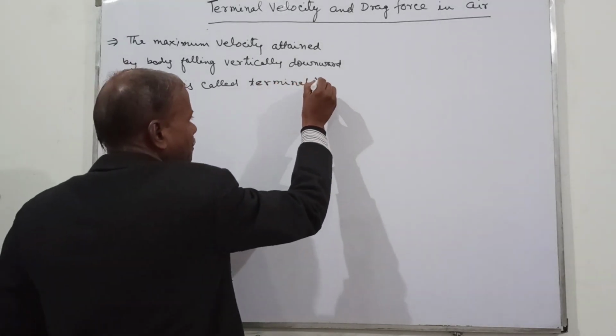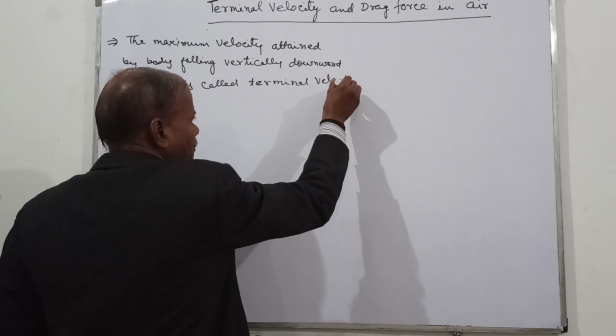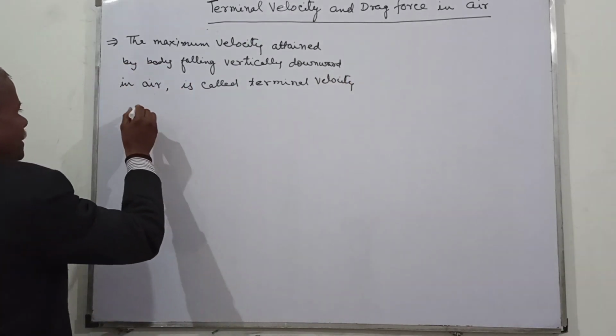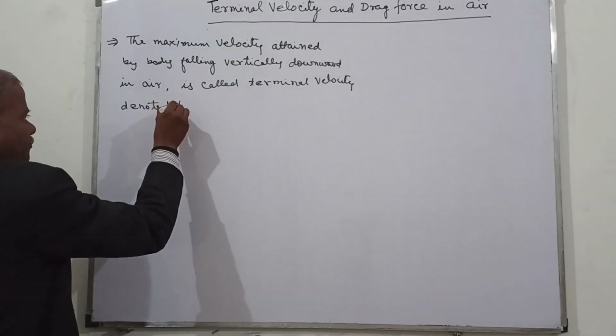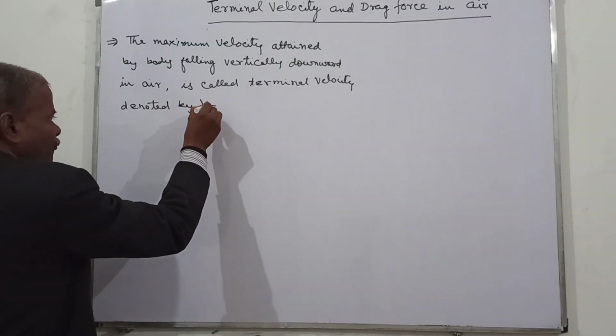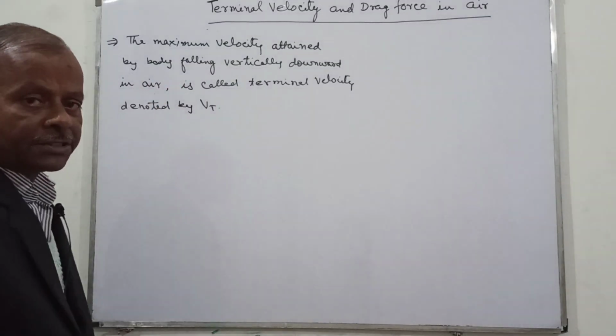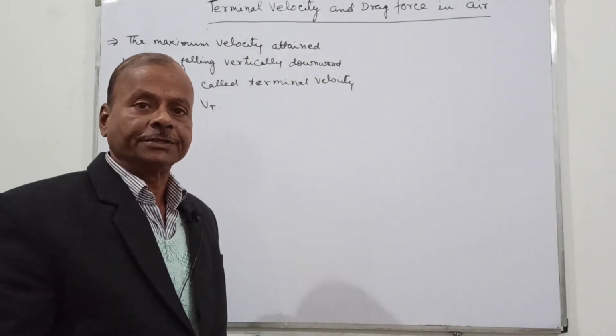Terminal velocity is denoted by Vt. This is the definition of the terminal velocity.